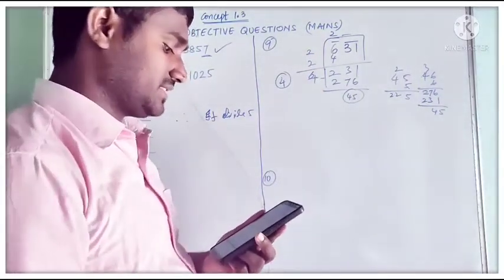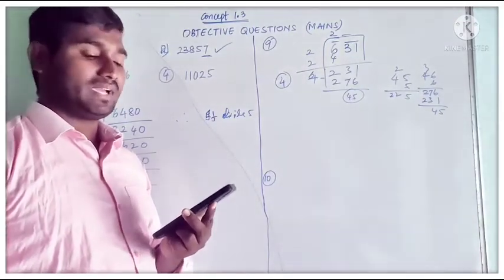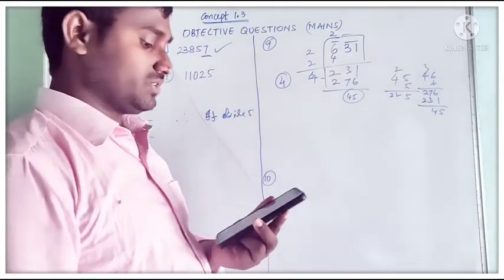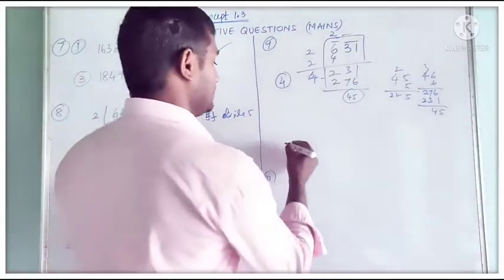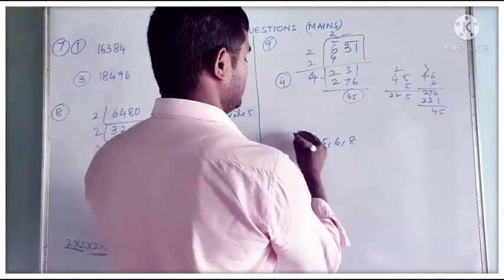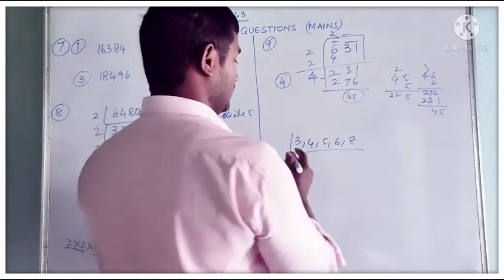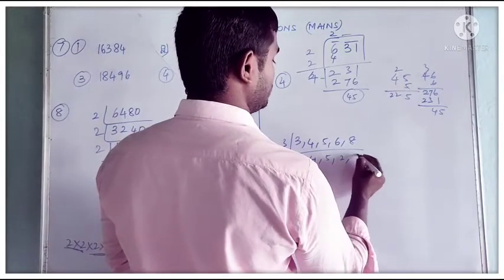Question number 10, see children. The least perfect square number divisible by 3, 4, 5, 6, 8 is. The least divisible number means we need to find the LCM of 3, 4, 5, 6, 8. So the LCM of these numbers: 3 ones, 4 as it is, 5 as it is, 3 twos, 8.